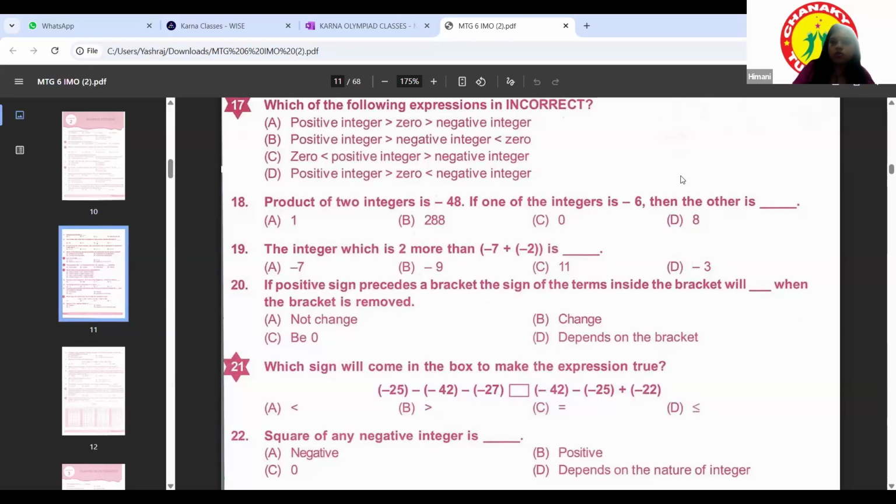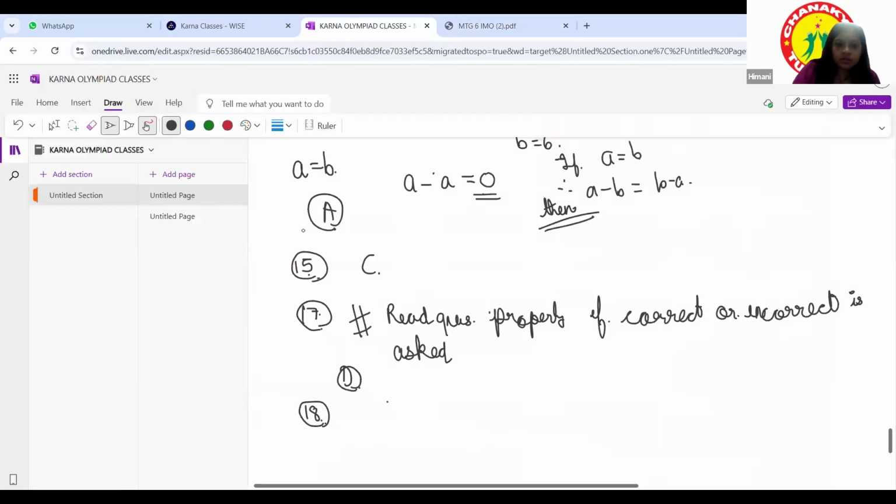See, what they are asking you is, if something is written 5 plus and here bracket is given 3 plus 2 minus 4, okay?